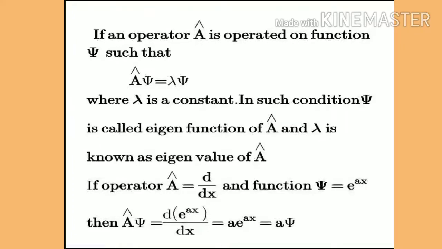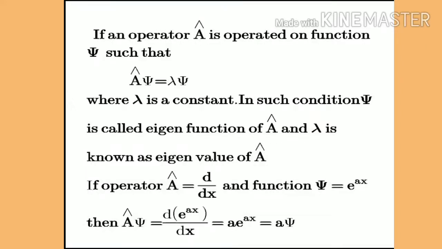Here an operator a cap is operated on function psi such that if we apply the a cap operator on psi we get the result lambda psi. Here lambda is a constant and psi is the same function.